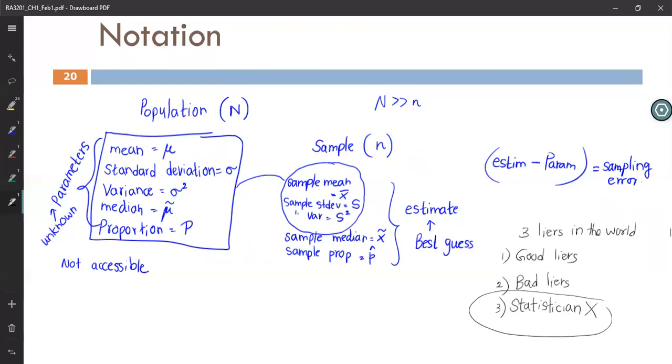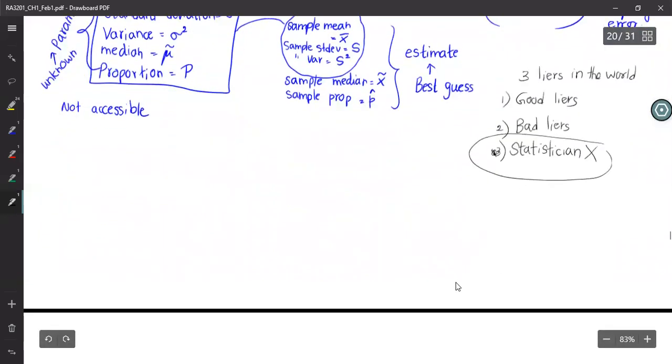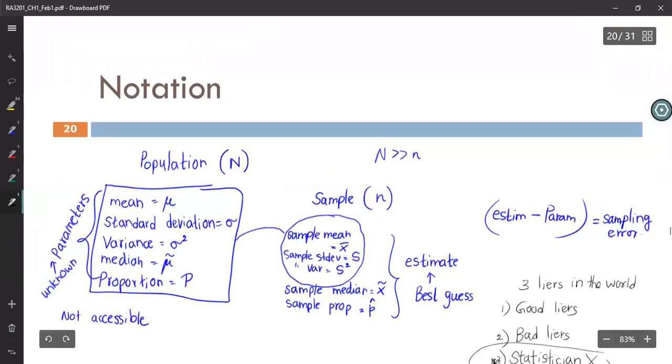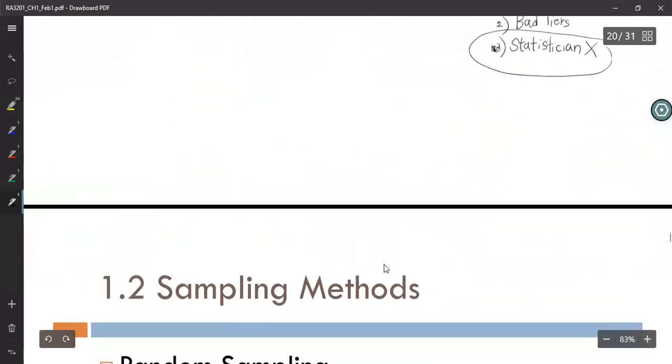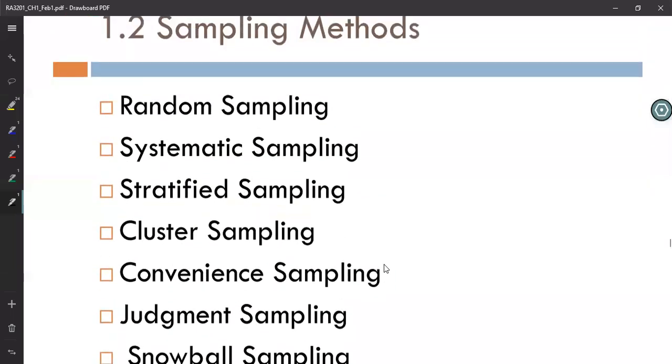So you are not misleading anybody, but giving very good predictions to the public. Our job is to make sure you do not fall into that third category. If you want to get a good sample, you have to follow some methods, the ways of collecting your data.